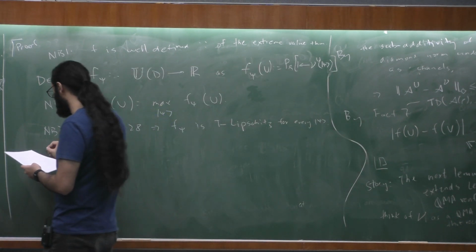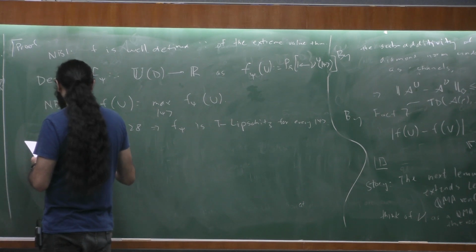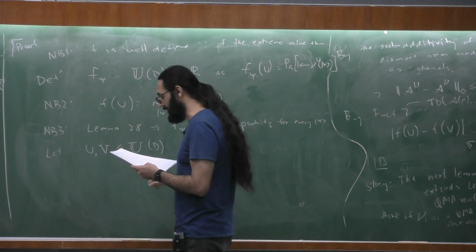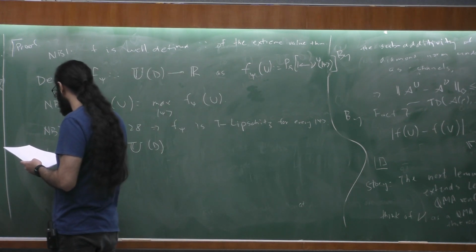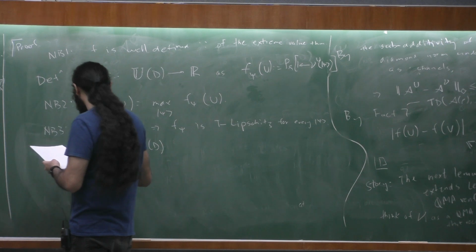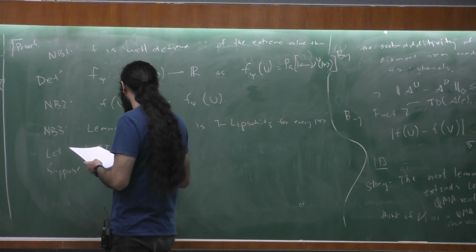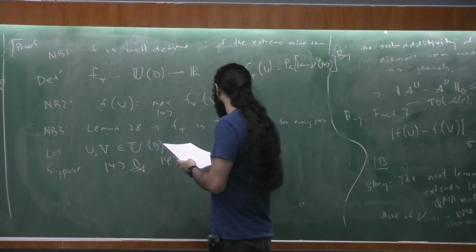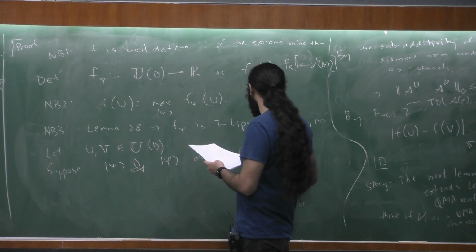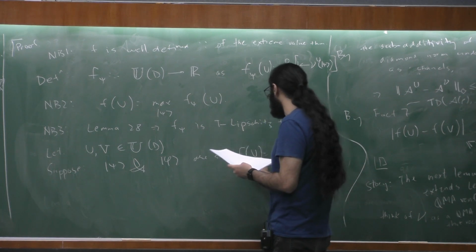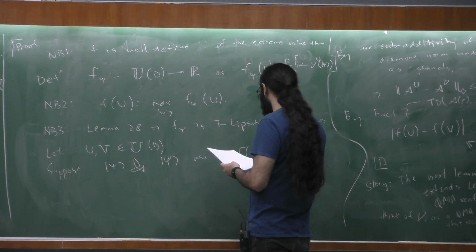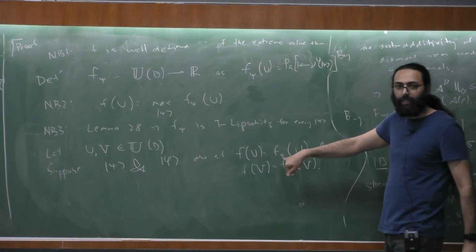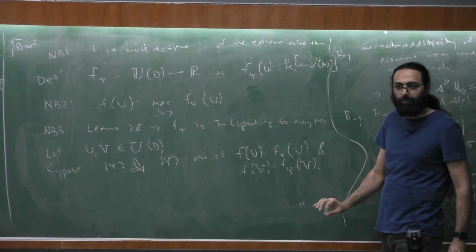okay. Now let U and V be two unitaries, and suppose that psi and phi are such that f(U) is f_psi(U) and f(V) is f_phi(V). So basically you're picking the states that actually maximize the function.